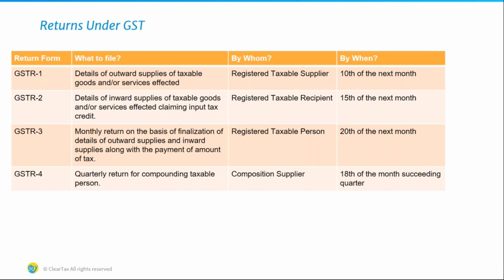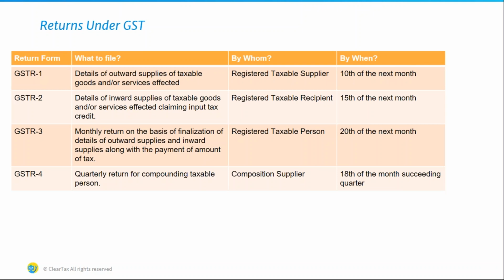Now, what does that mean? So for the month of April, let's say a business is required to file GSTR1 by 10th of May, which is 10th of next month. So GSTR1 essentially is the sales register of every business.